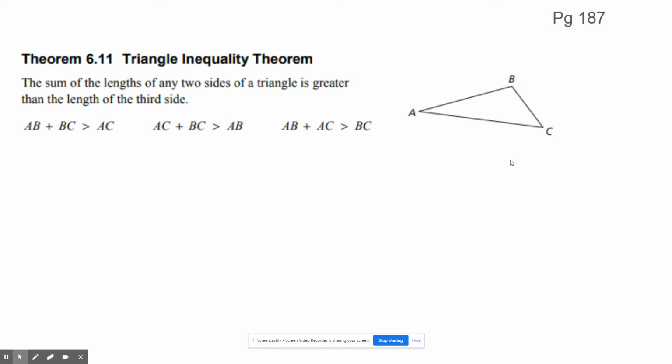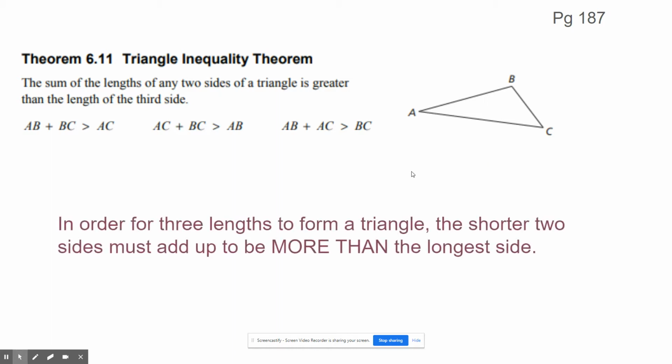So for us, what we're really going to be focusing on is if we want to know if lengths can make a triangle, the shorter two sides must add up to be more than the longest side. If that's not true, then the three lengths cannot make a triangle.